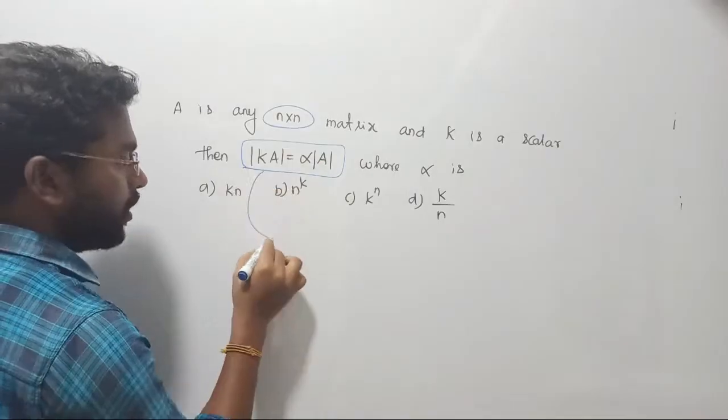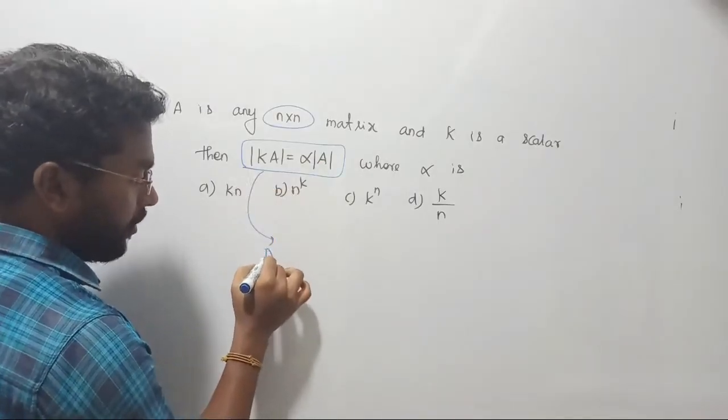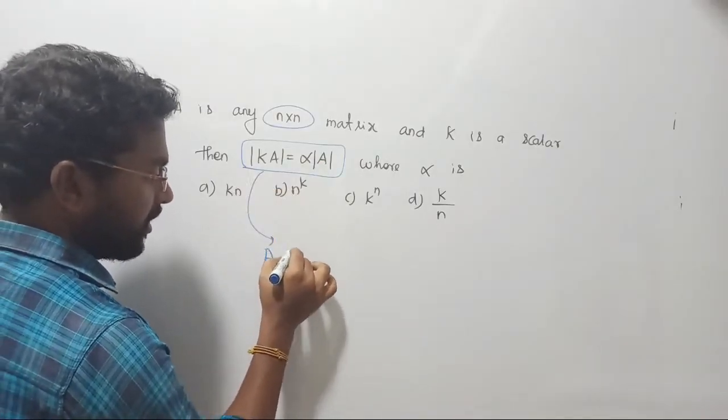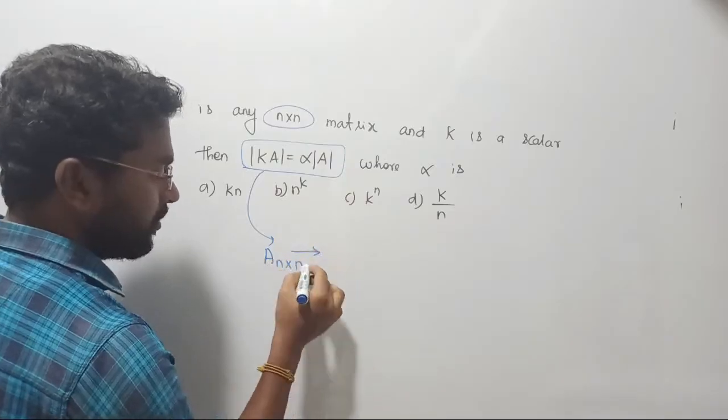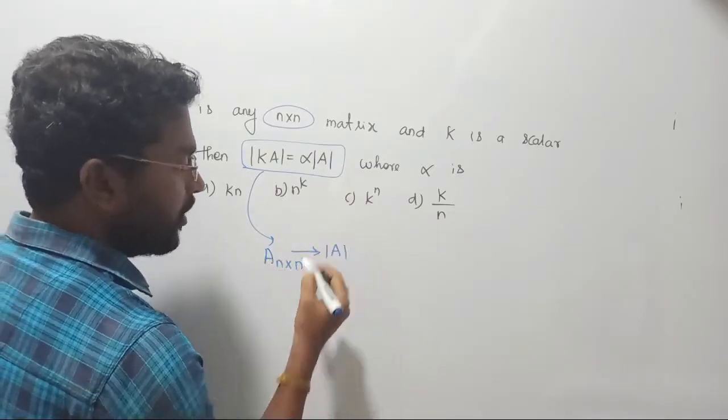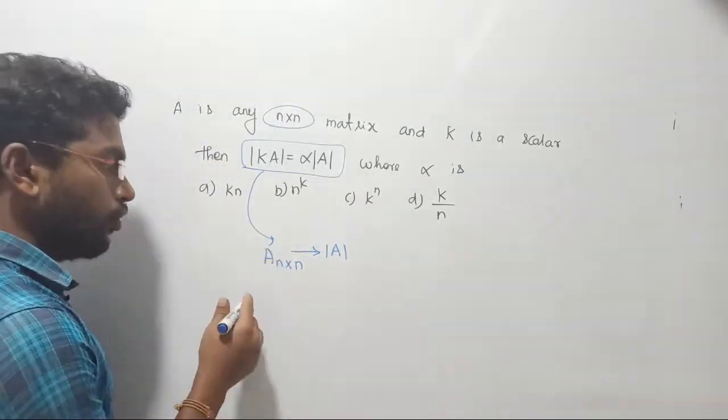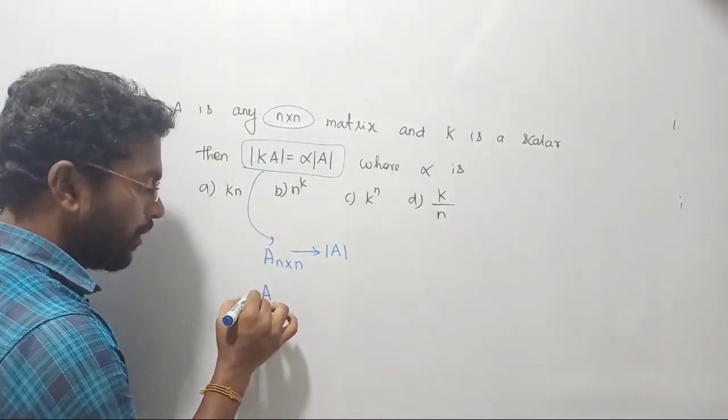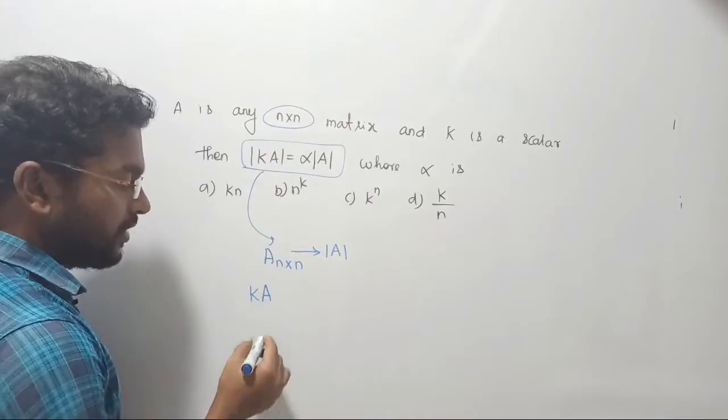The property is: for your n cross n matrix A, there is a corresponding determinant.